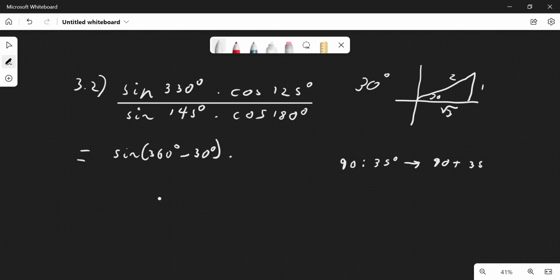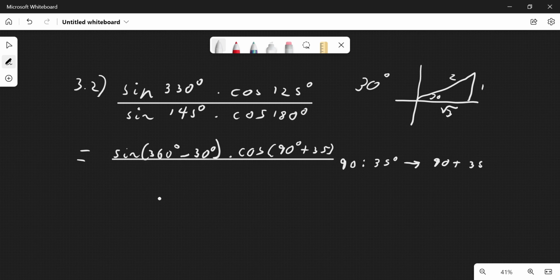This is equal to cos of 90 degrees plus 35. And I'm doing this with some excitement because I know I have the co-interior rule.